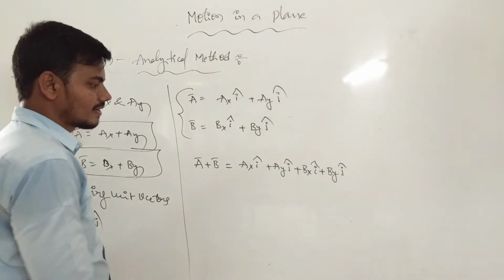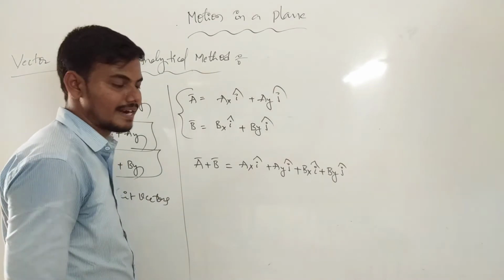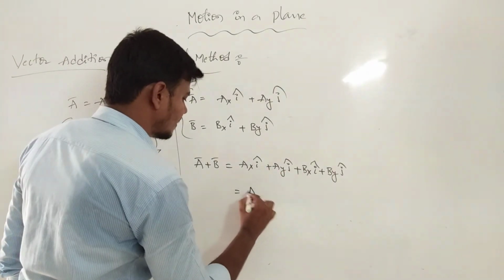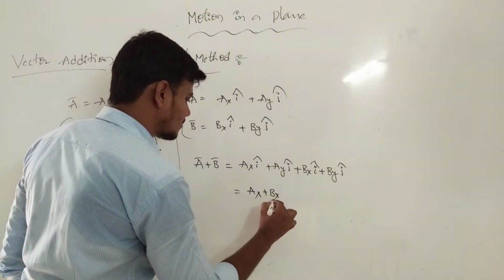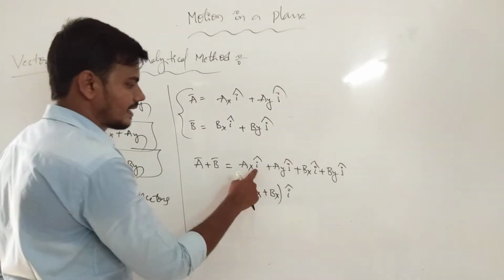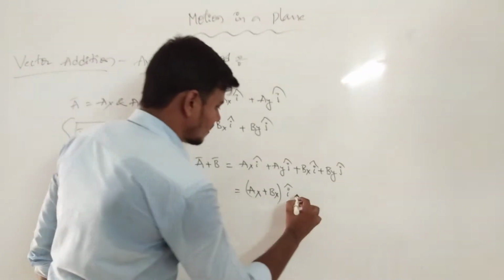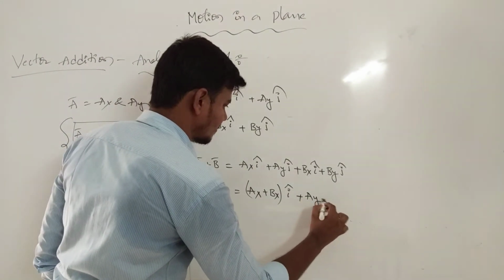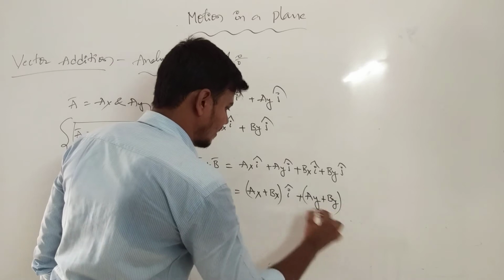Now adding the i cap components: Ax plus Bx of i cap, plus Ay plus By of j cap.